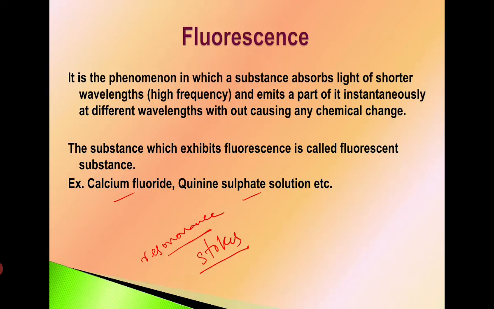Also, the aqueous solution of fluorescein gives out an intense green color, which is used in detecting leakage in water pipelines. In this way, fluorescent substances are used in different methods by this phenomenon of fluorescence.